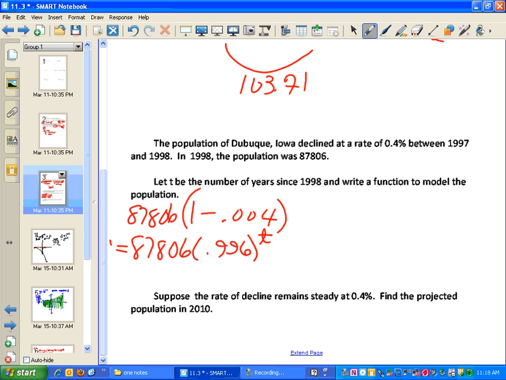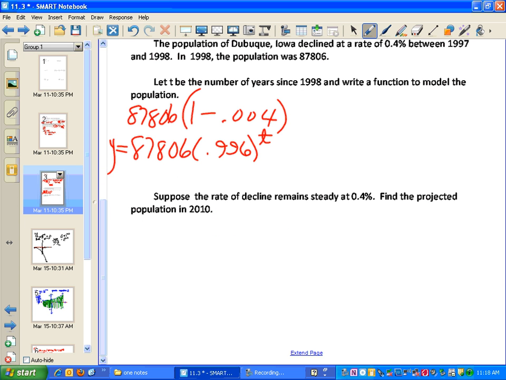So this is going to equal my y value or my P. Now suppose the rate of decline remains steady. What's the projected population in 2010? So what do you think your t is going to be?